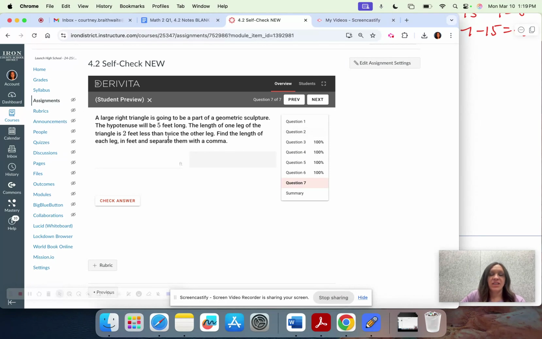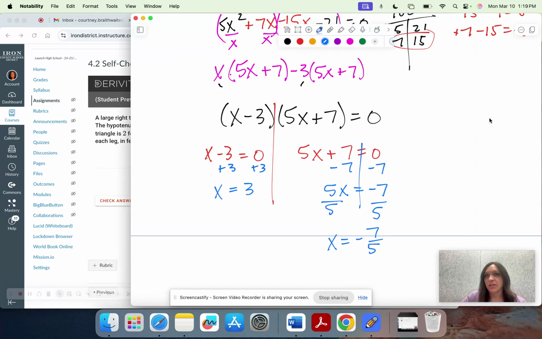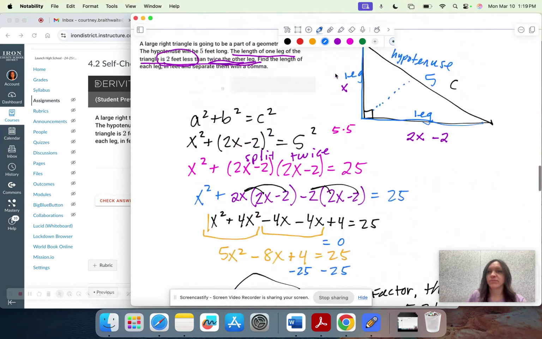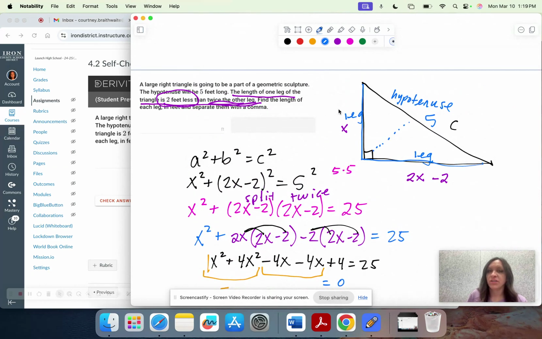It's saying find the length of each leg and separate them with a comma. So look, I have 3 and negative 7/5. So think about geometry and distance. Could this be a negative number?